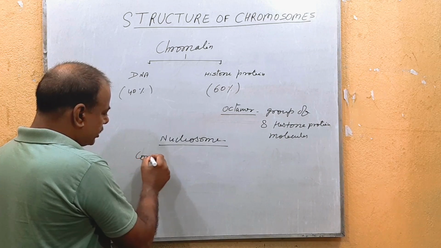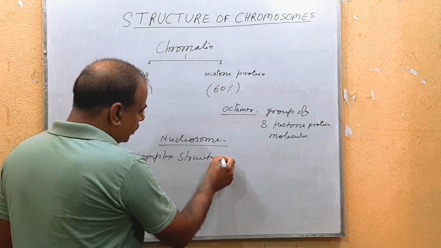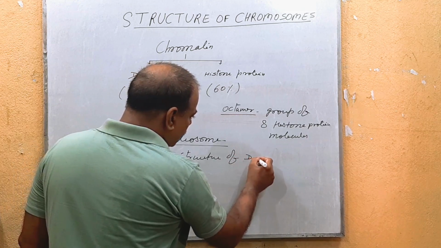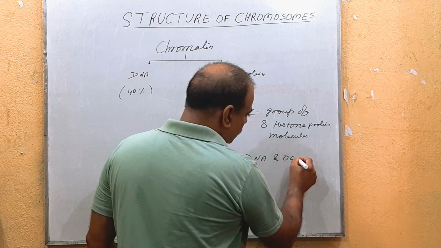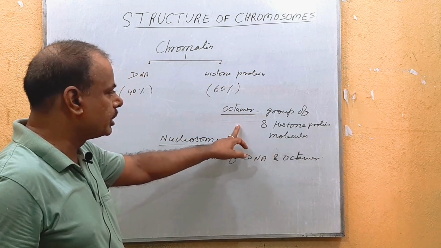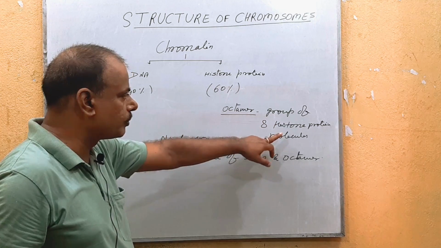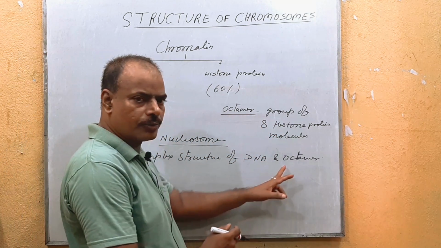It is a complex structure of DNA and octamer. Eight histone protein molecules combine together to form the octamer.